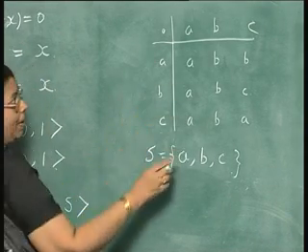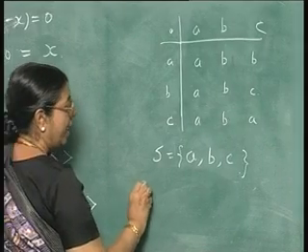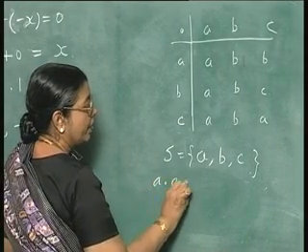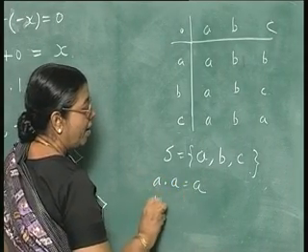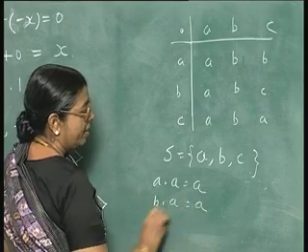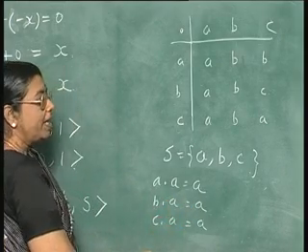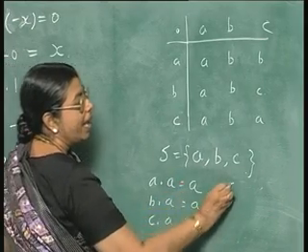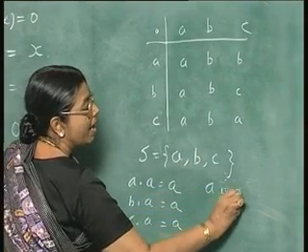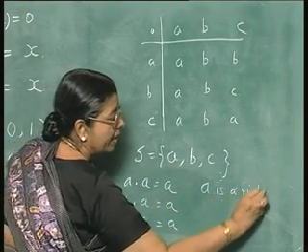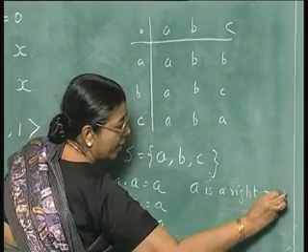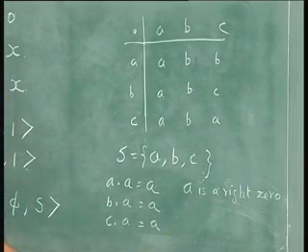Look at this table. You see that A dot A is equal to A, B dot A is also A, C dot A is also A, right. What does that mean? That means A is a right 0 element for this.